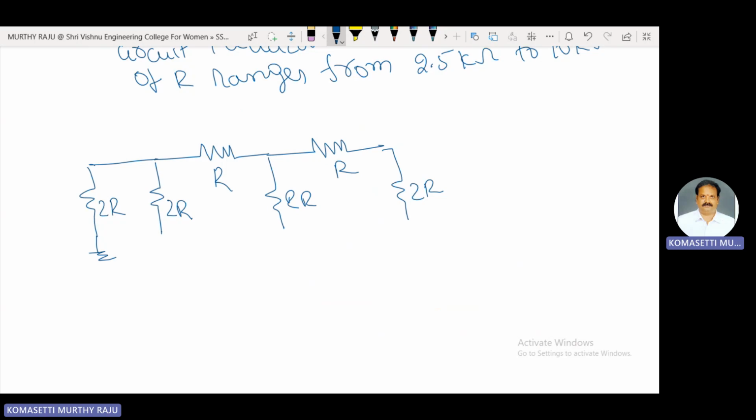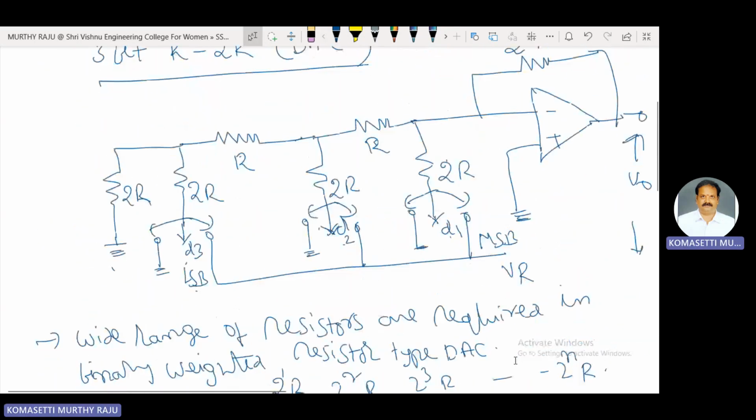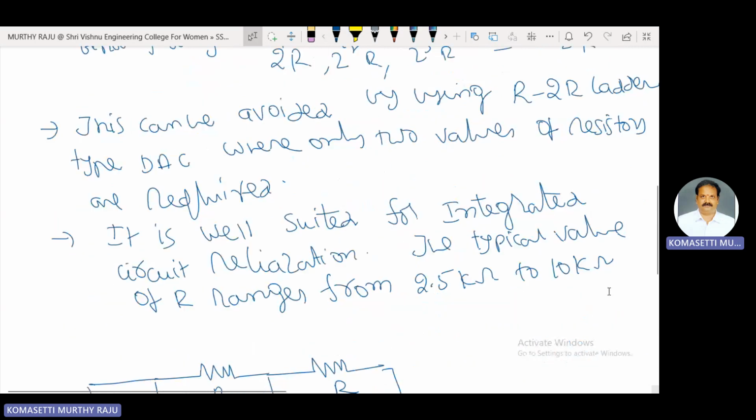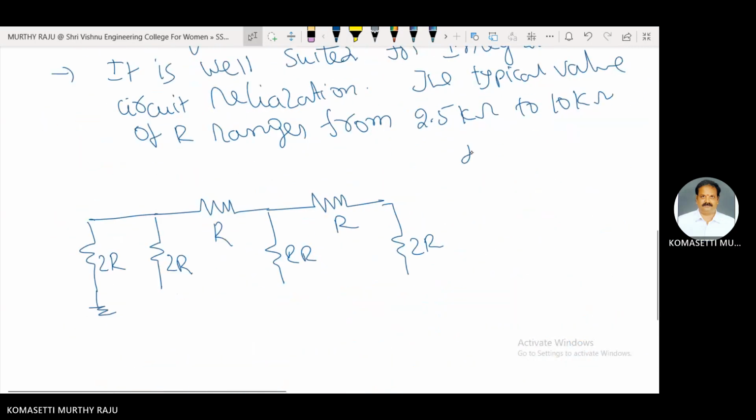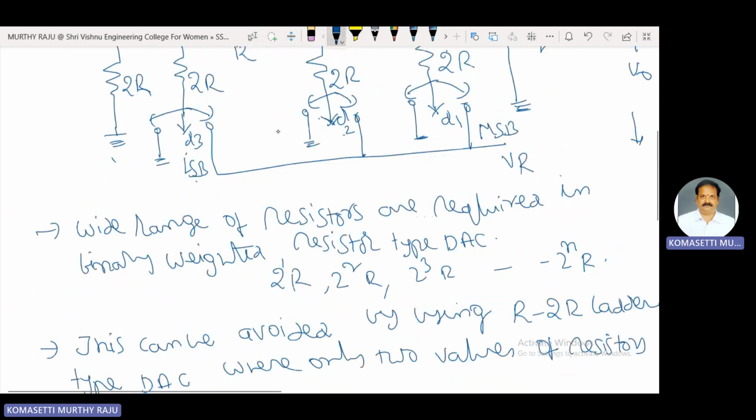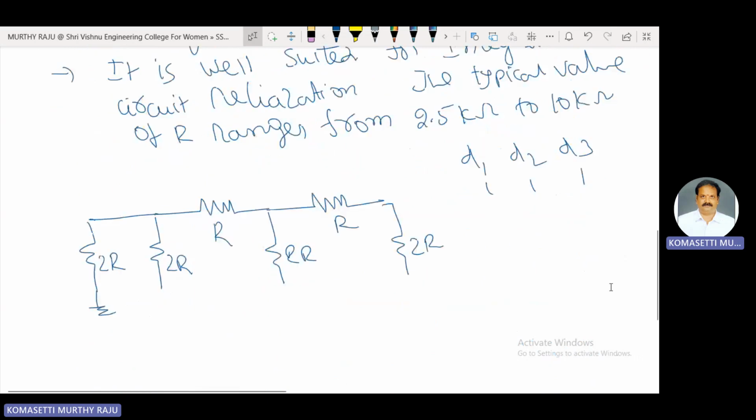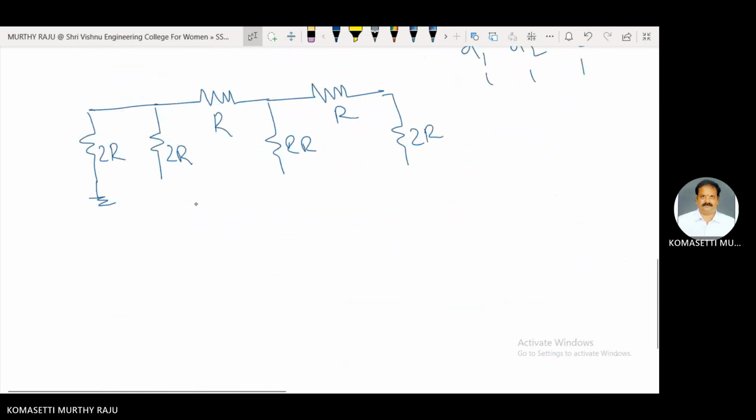Suppose D1, D2, D3 are all ones. Then the D1, D2, D3 switches are connected to VR only.